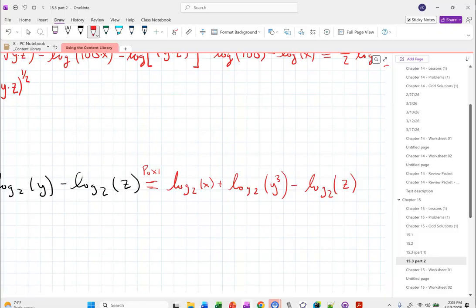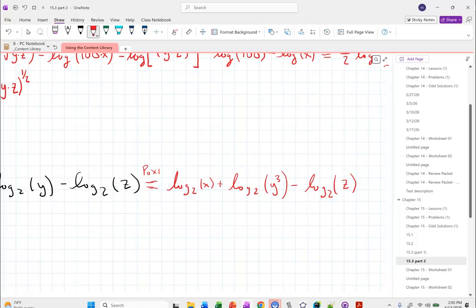Is everybody okay with what we're doing? So not only are we using a reverse order, we're using the properties in the reverse direction also, right? Okay. So no more power properties because I have no more coefficients.